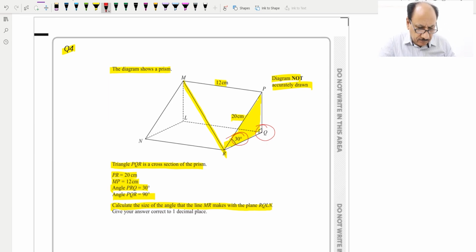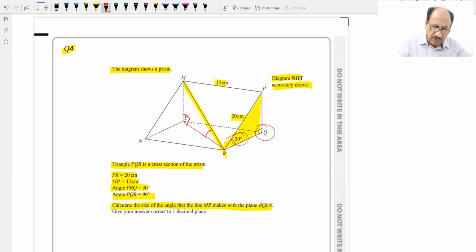Okay, so I want to draw accurately. This is the line, and the angle required is this one. This much angle is required, and keep in mind this is a right angle. So in this right angle triangle we require angle LRM.